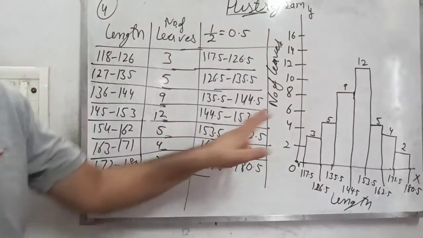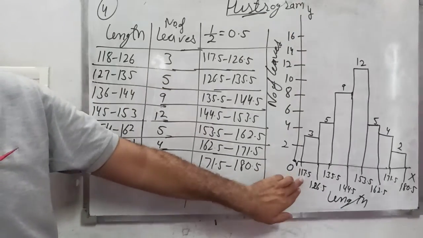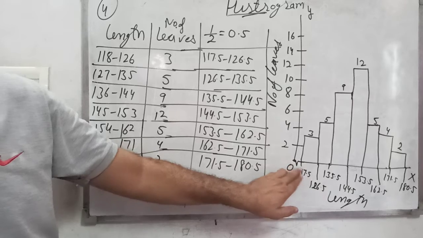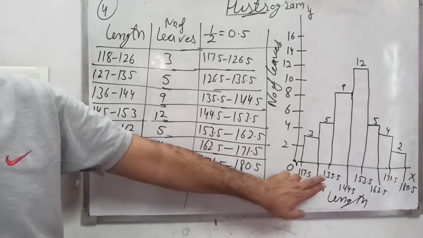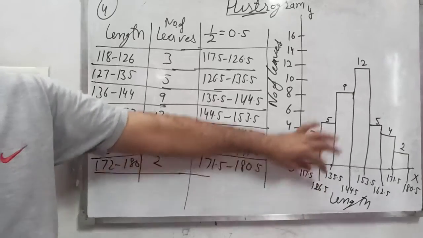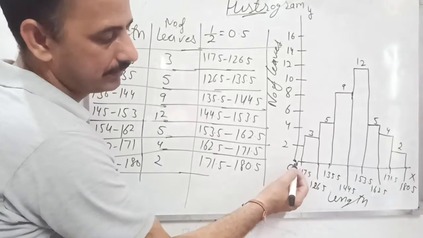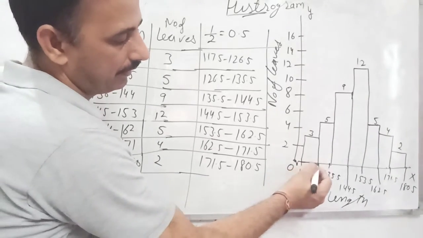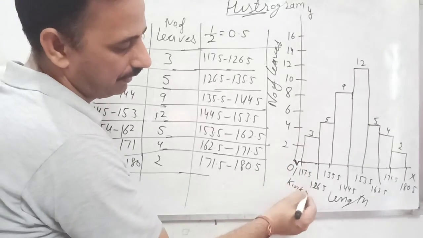We start directly from 0 to 117.5, and the next one is 126.5, right? The gaps are the same, but here the first gap is larger than the interval, so to represent this one we can use the sign of a kink.